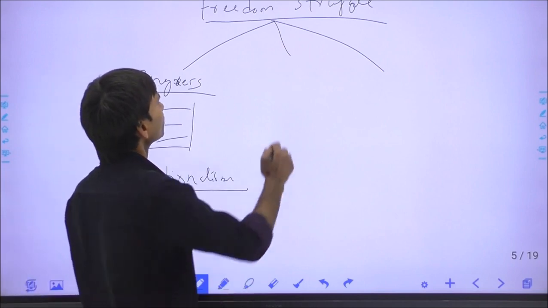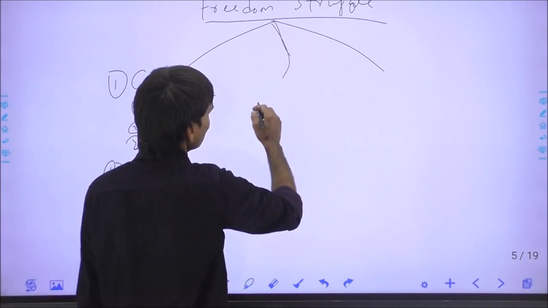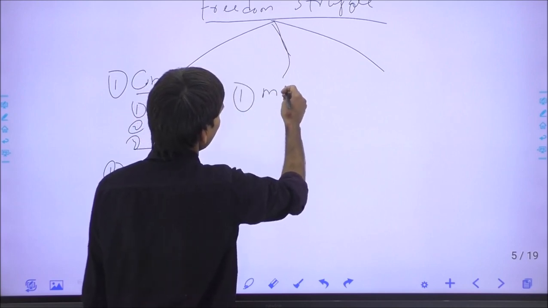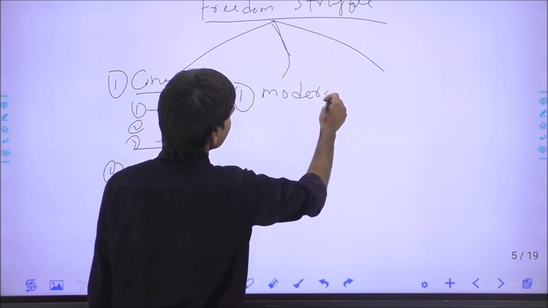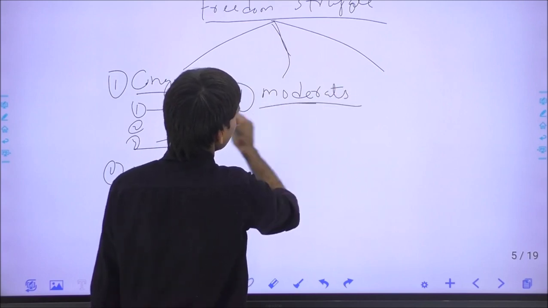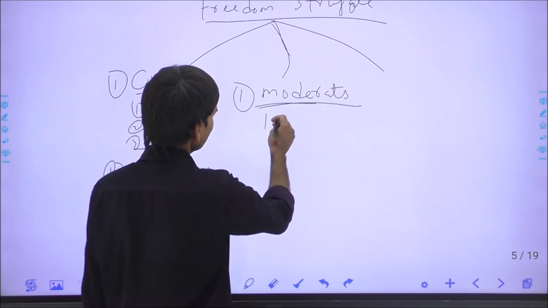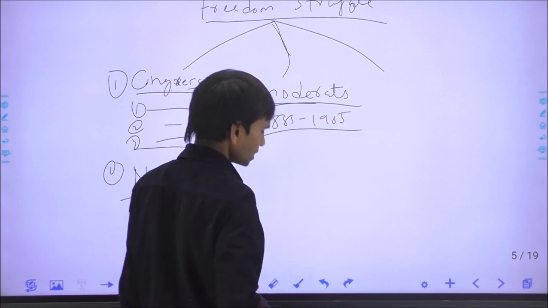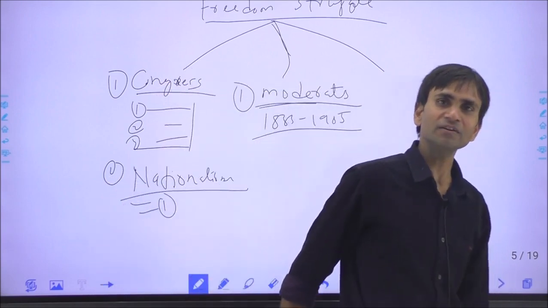And under the Congress, the freedom struggle was led first by the moderate leaders, moderates, also called the Naram Panthi, during 1885 to 1905. This is the moderate phase. What do you mean by the moderate phase?